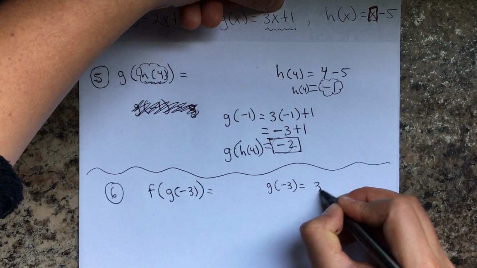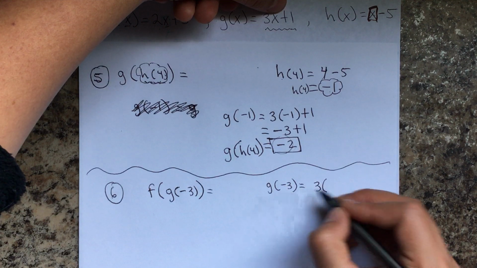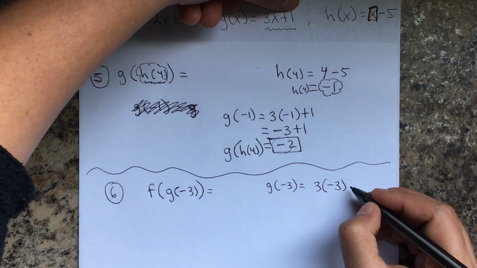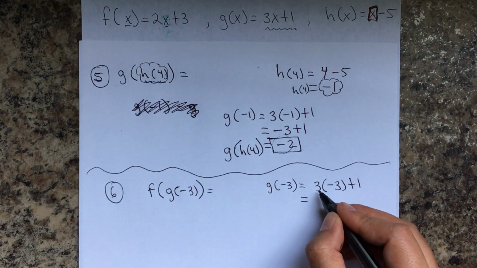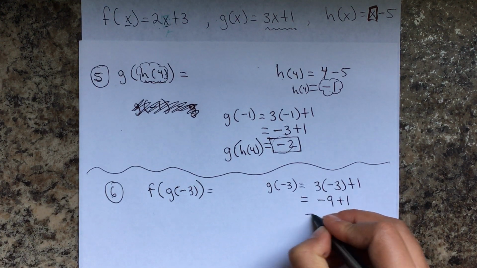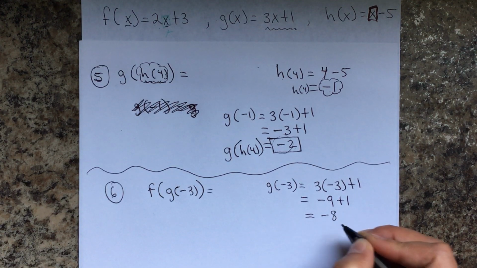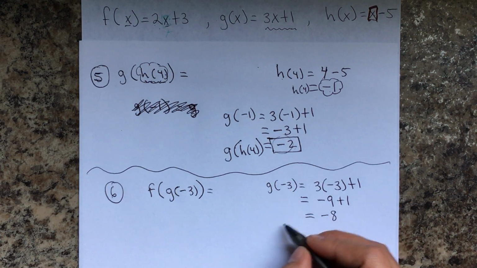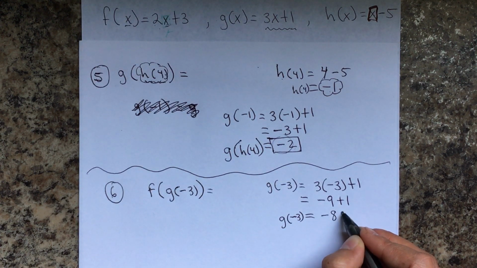So it's going to be 3 times the value of x, which is given here, negative 3, plus 1. This equals 3 times negative 3 is negative 9 plus 1. You owe $9, you pay 1, now you owe 8, so negative 8. So that's just g of negative 3. That's the value of it.